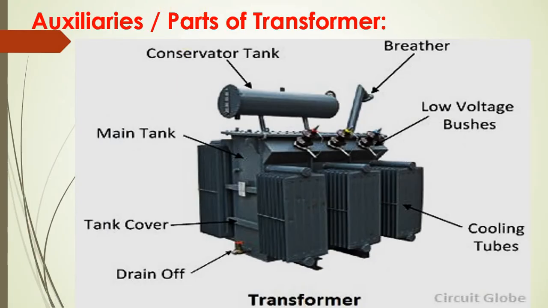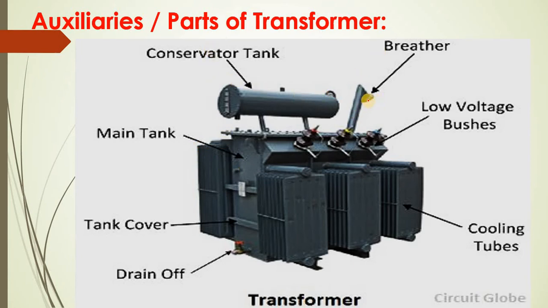Next are the auxiliaries or parts of the transformer. Here we can see the transformer from the outside. There is the main tank, which will be filled with oil, and there is a tank cover. This is the main tank, and this is the conservator tank.